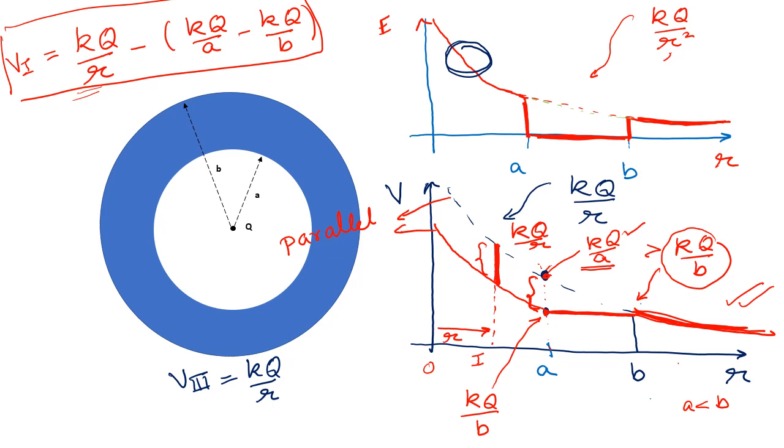There is another way we could have written V1, and that is with superposition without doing any integrals. This will only work for spherical shells. I want to write V1 here without doing any integrals.